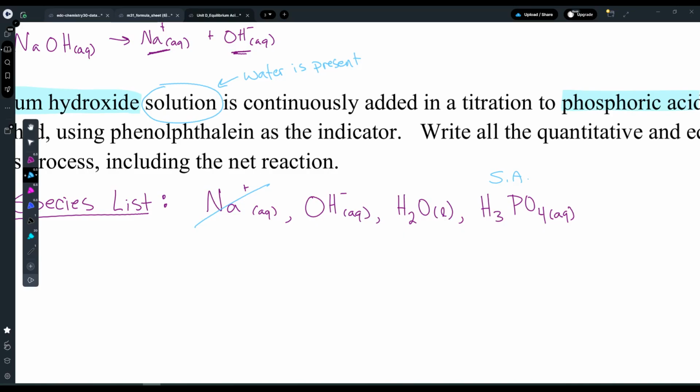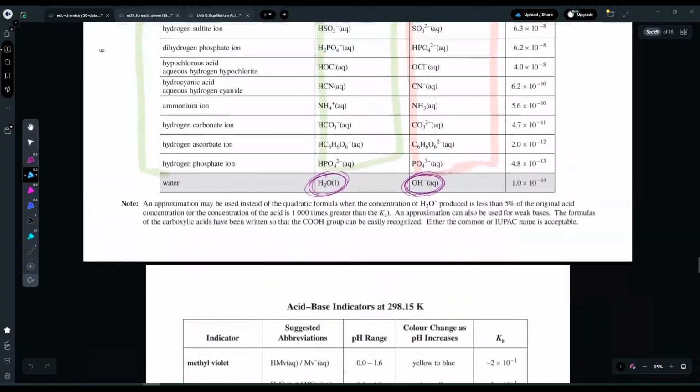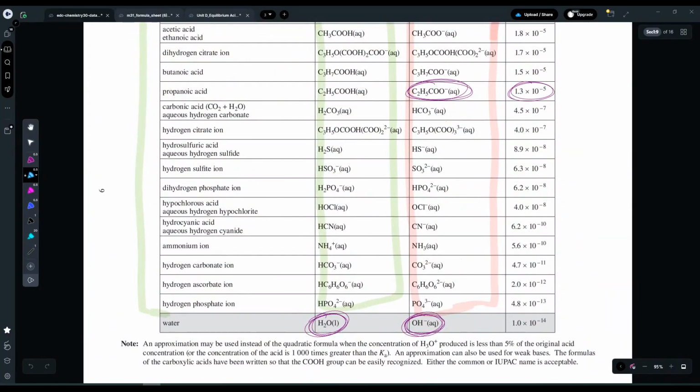And now we need to determine our strongest base. To determine the strongest base, you start in the bottom right-hand corner, and you typically trace your finger up. I should erase this because that wasn't in our list. But you typically trace your finger up, and whatever you run into first is going to be your strongest base. But since we're starting right at hydroxide, we can say that hydroxide is our strongest base.